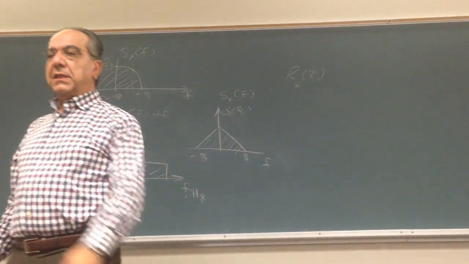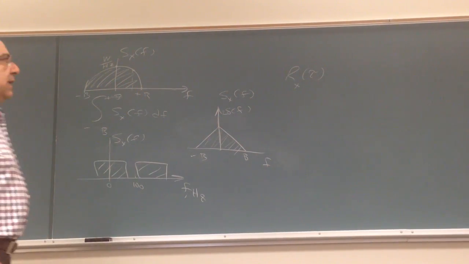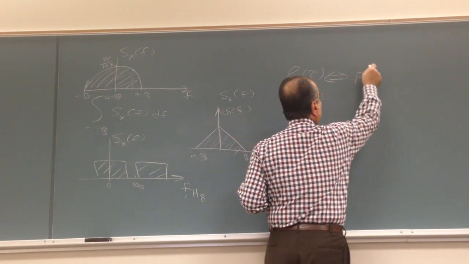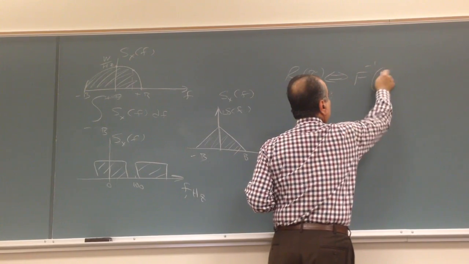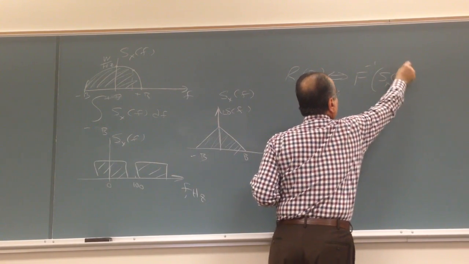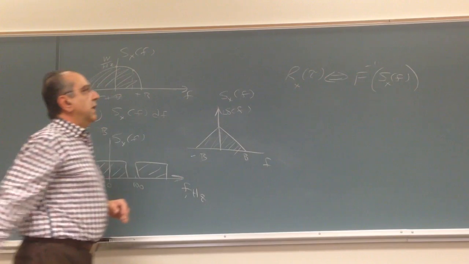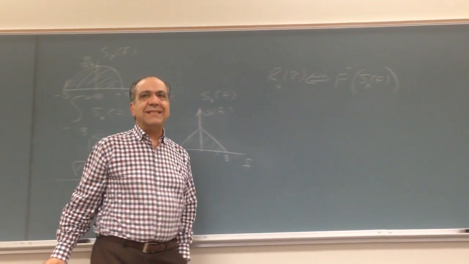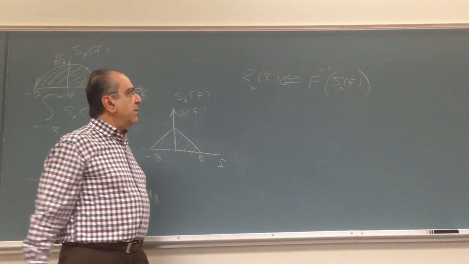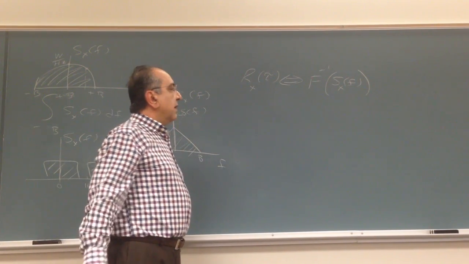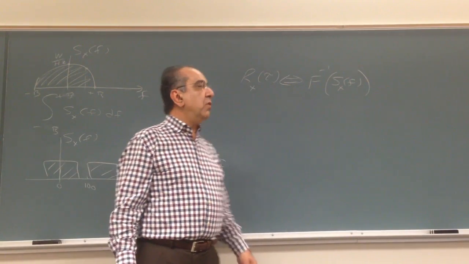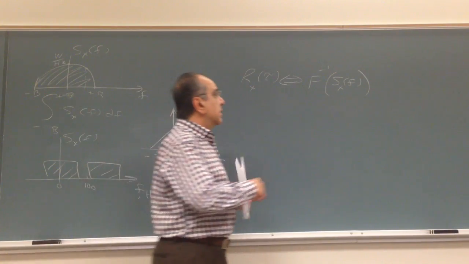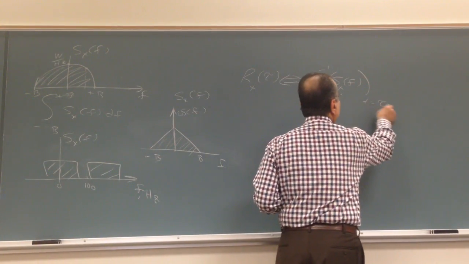Autocorrelation has a relationship with power spectral density, and the relationship was that autocorrelation is the inverse Fourier transform of power spectral density. Every time we talk about inverse Fourier transform, we usually have a signal in the time domain, but this is the tau domain. That's the designation we use. So here we put t equal to tau.